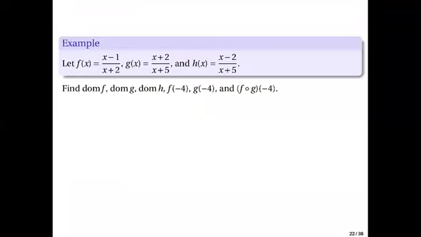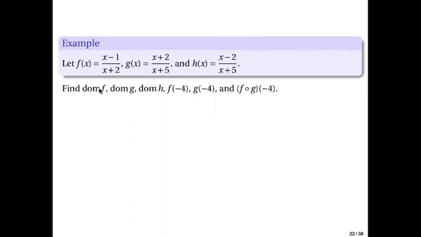First, look at this. Let f of x be the function x minus 1 over x plus 2, g of x equals x plus 2 over x plus 5, and h of x equals x minus 2 over x plus 5.